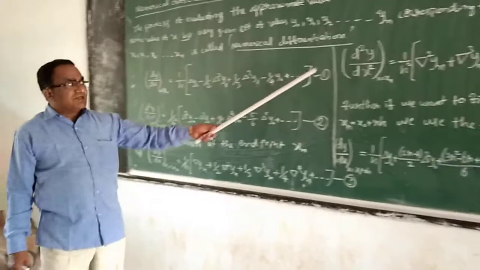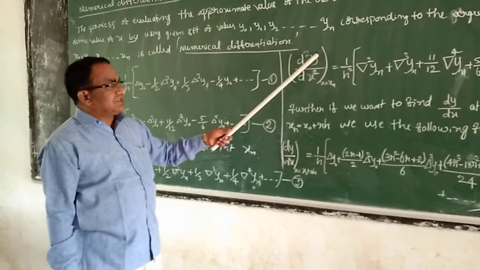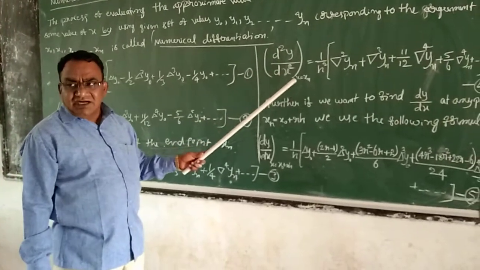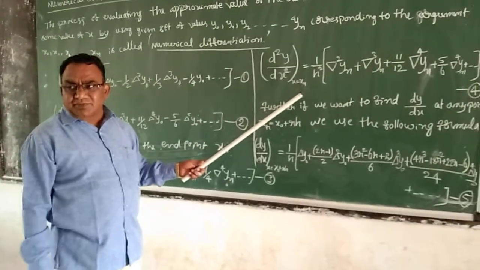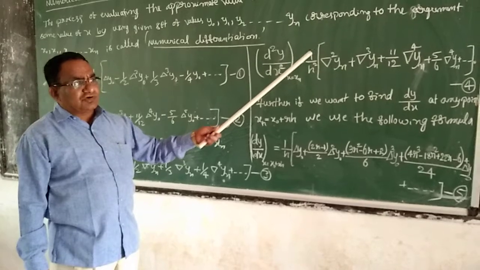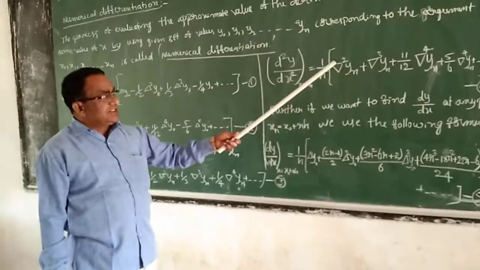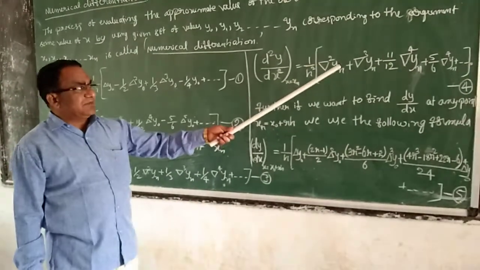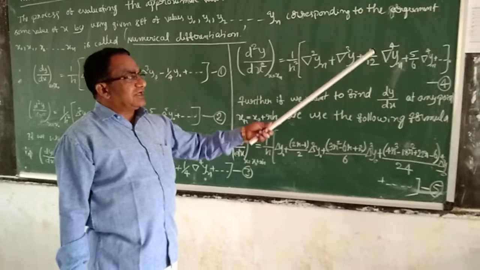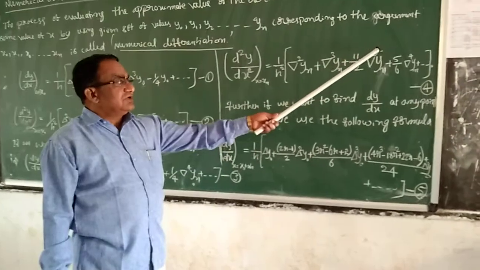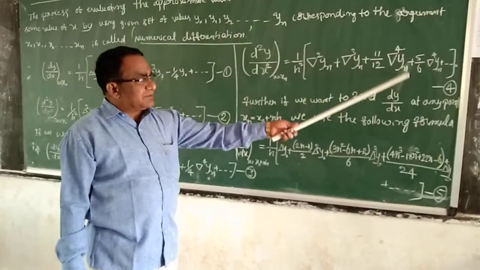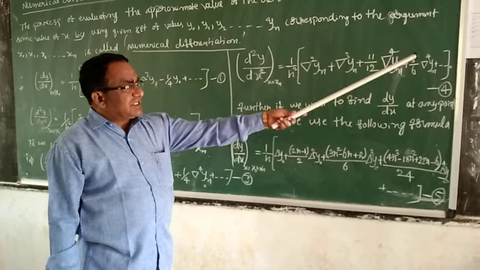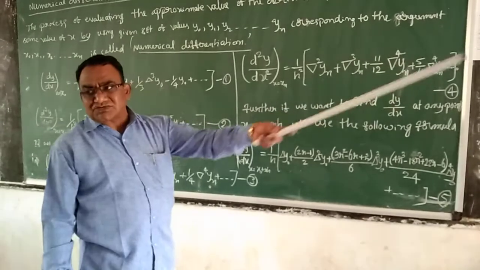Next, similarly, the second derivative d squared y by dx squared at x is equal to xn, the end point. The formula is 1 over h squared into del squared yn plus del cube yn plus 11 by 12 into del to the power 4 yn plus 5 by 6 into del to the power 5 yn plus and so on.